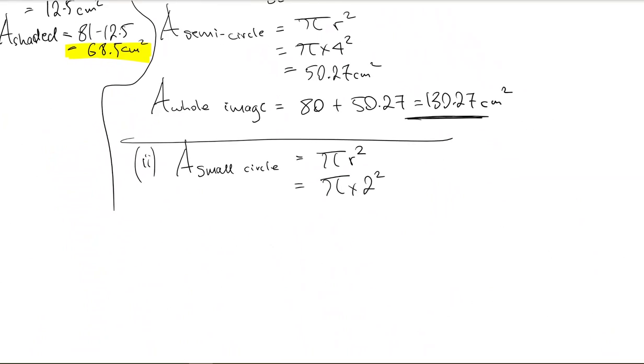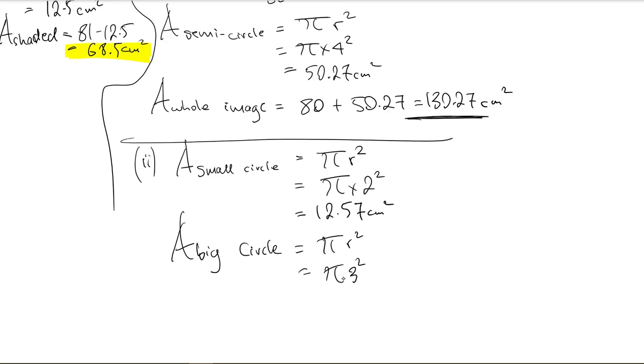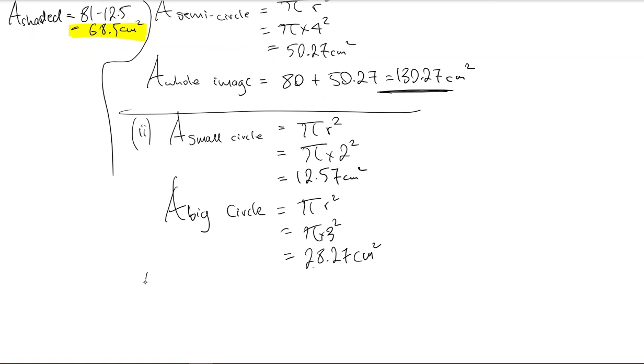That is pi times 4, and I get 12.57 centimeters squared. Then the area of that big circle is pi r squared. The radius was 3, and so I do pi r squared on my calculator and I get 28.27 centimeters squared.